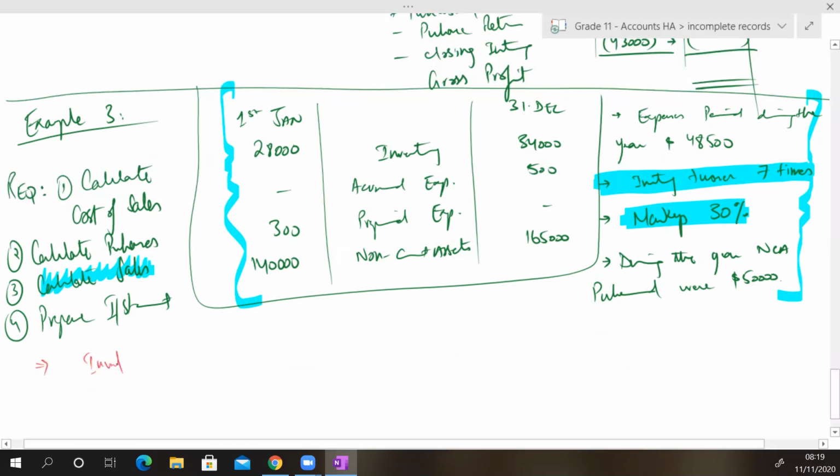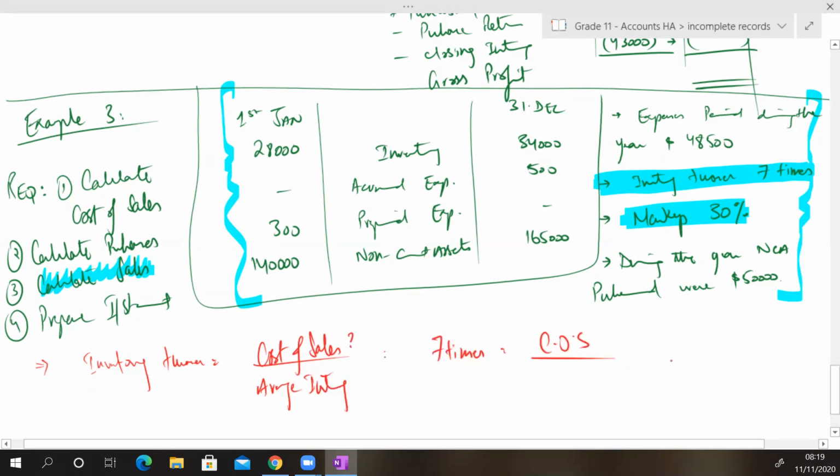ओके, inventory turnover is equal to cost of sales upon average inventory. Cost of sale कैलकुलेट हो जाएगा. 7 times is equal to cost of sales upon average inventories, opening plus closing divided by 2, which is 28 plus 34 divided by 2.